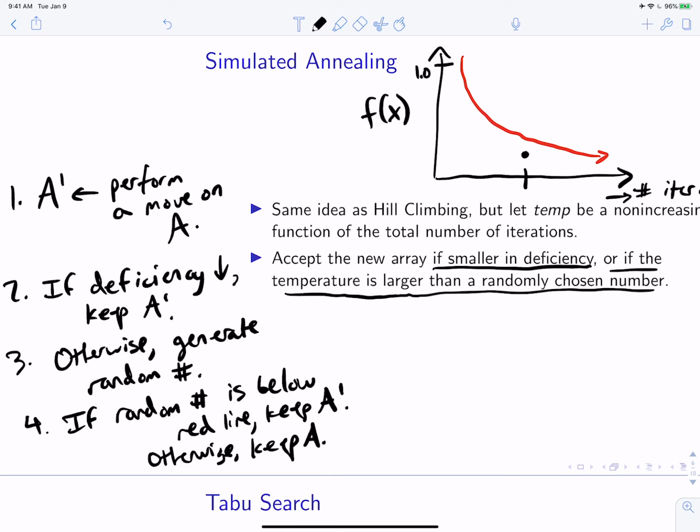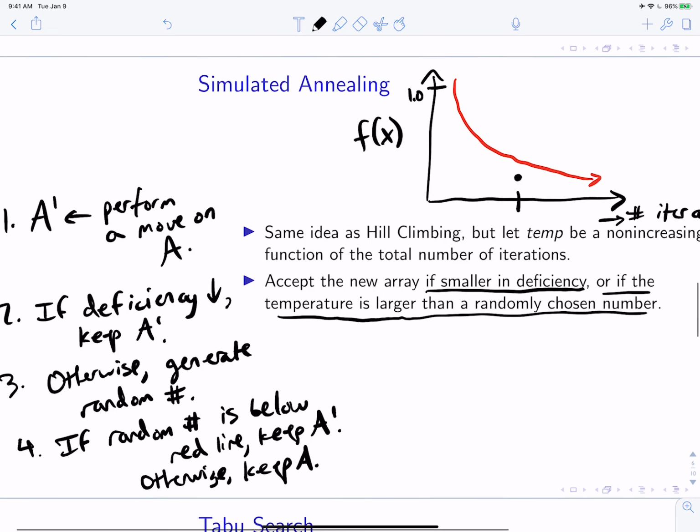At the beginning, the temperature is really high. The red line is really high. So if we make a deficiency that goes up, very likely we're still going to accept the change, even if the deficiency goes up. But as the temperature cools down, we're accepting bad changes with less and less probability because the temperature is going down.